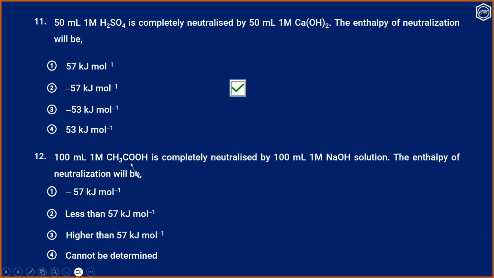Since acetic acid is a weak acid, some heat is required to dissociate it. Hence the heat liberated will be lower. So the correct answer is option 2, less than 57 kilojoules per mole.